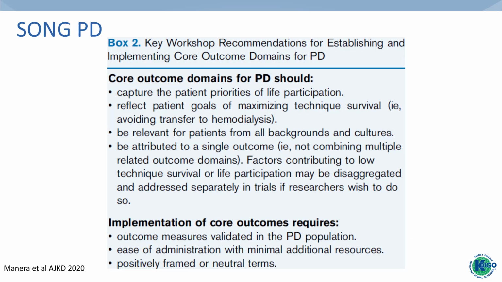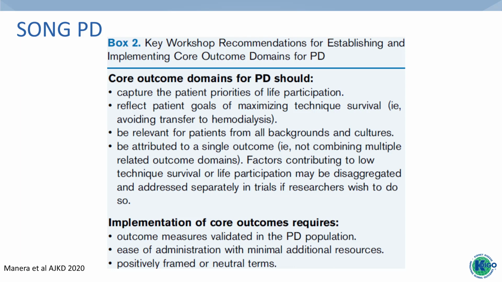So in terms of reflecting on these domains, we really need to look at the individual patient priorities because they're not the same for everybody, and what might improve life participation for one individual may not be identical to the next individual.